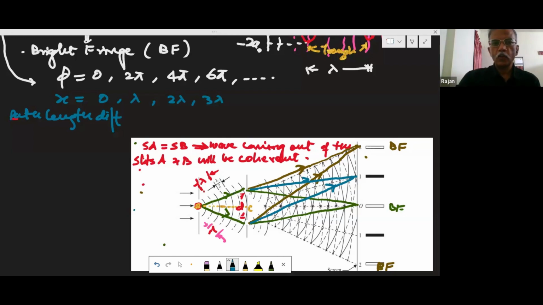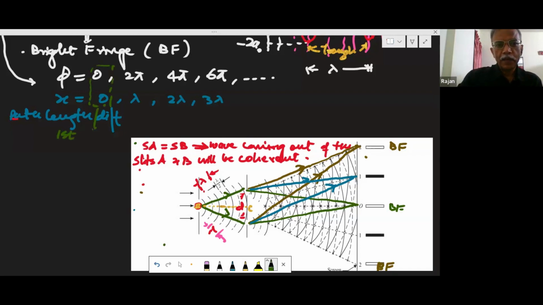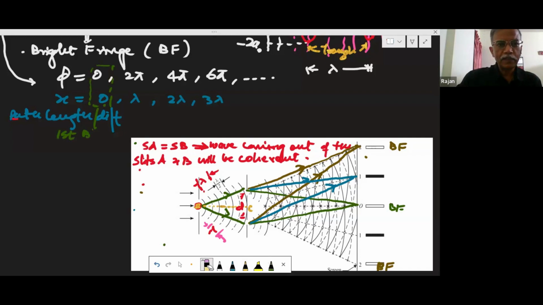So corresponding to the first one here, where phi is 0 or x is 0, I am getting the central bright fringe. Let me correct, this is your central bright fringe.